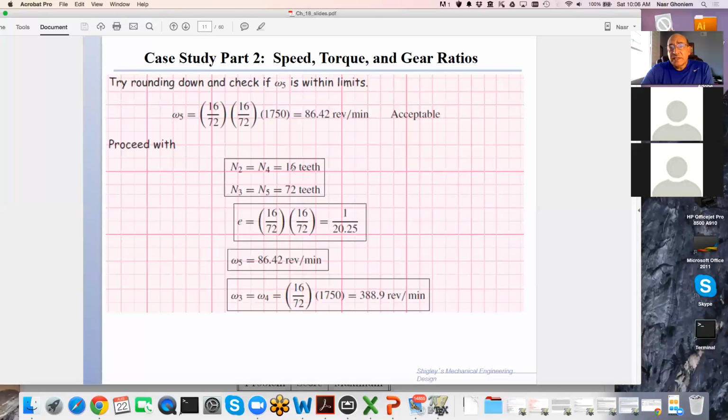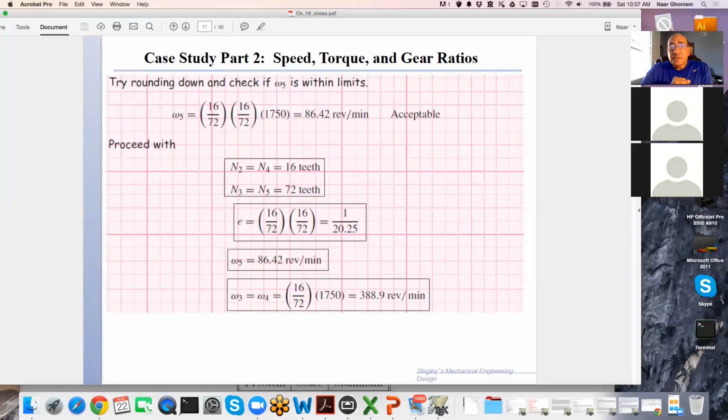Then to figure the size, to order the gears, the number of teeth is not sufficient, so we need to have the pitch, because the pitch determines the diameter of the gear. You can have the same number of teeth on a small size gear or a large size gear. So the pitch is important.